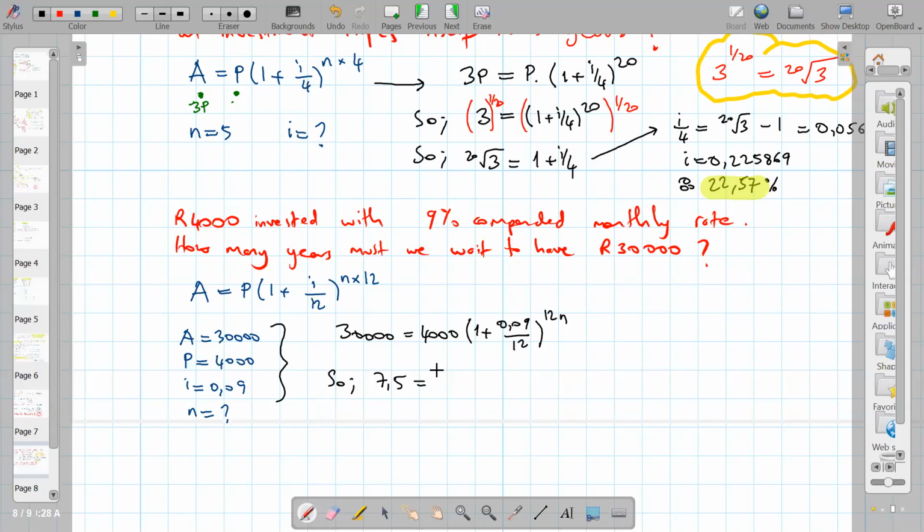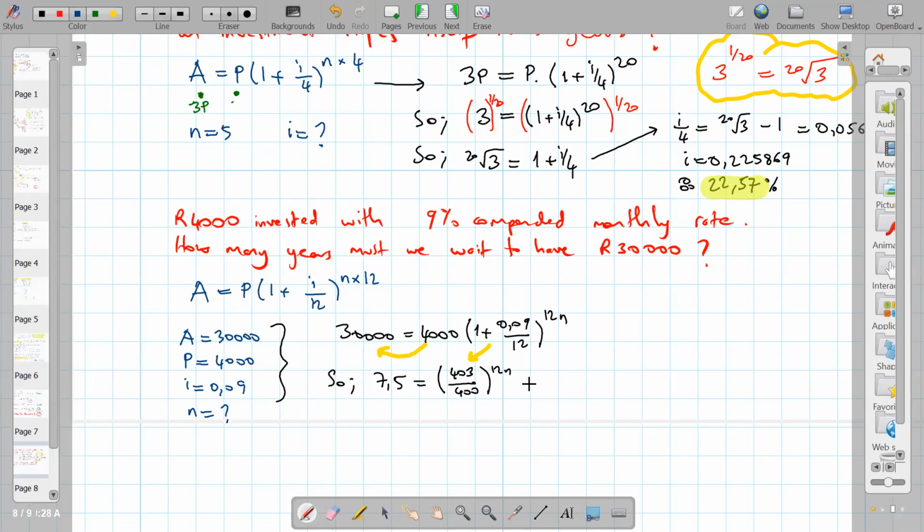You can get that from the calculator. So 7.5 equals 403 over 400 to the power of 12n. How do we get 403 over 400? It is that part, use the calculator. How do we get 7.5? You divide 30,000 by 4,000. You see, there's no rounding off so far.